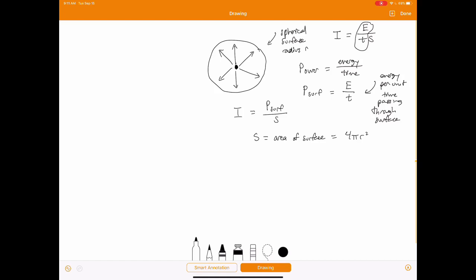Okay, so next, just remember that there's no energy loss in the medium. So that means all the energy that's emitted by the source will have to go through the surface.